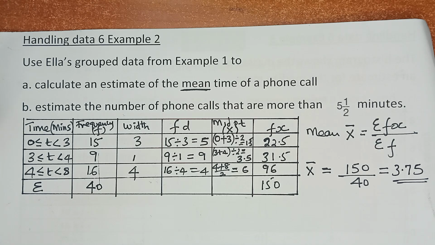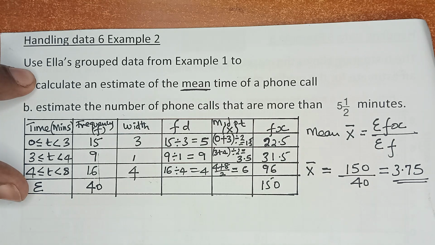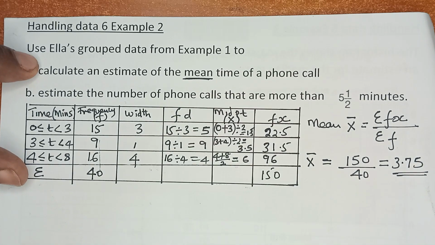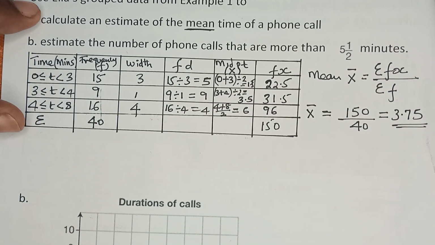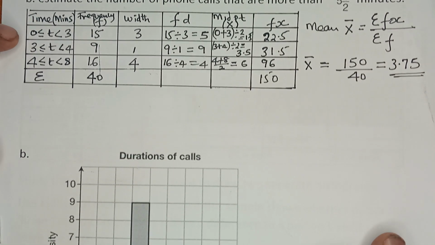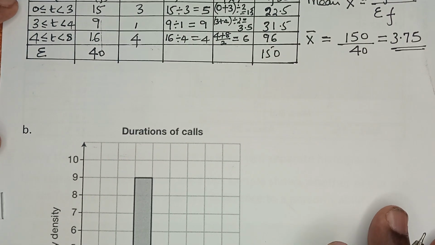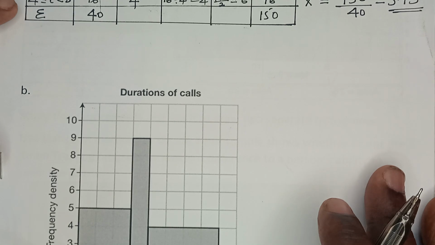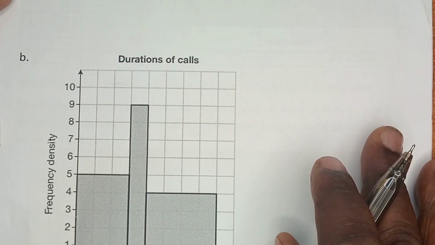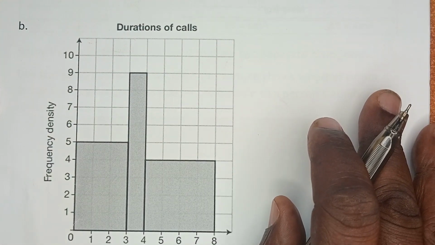Part B of the question is asking us to estimate the number of phone calls that are more than 5.5 minutes. And we are going to use the histogram that we came up with in the previous video, in example 1, part B. We are going to use the histogram, which is now transferred here.